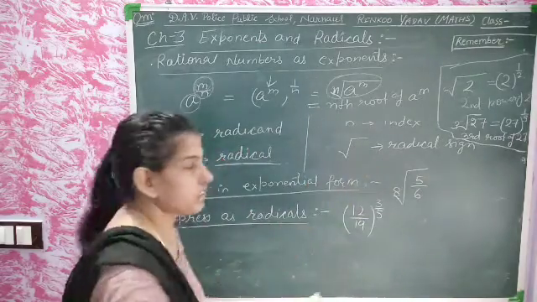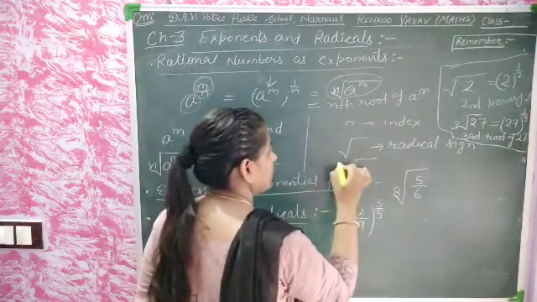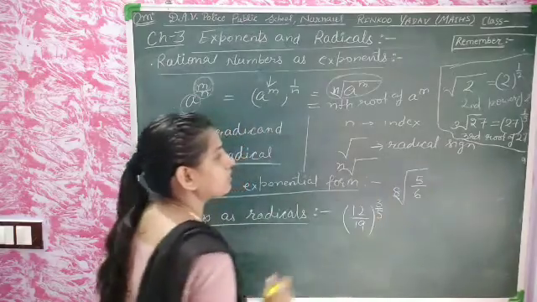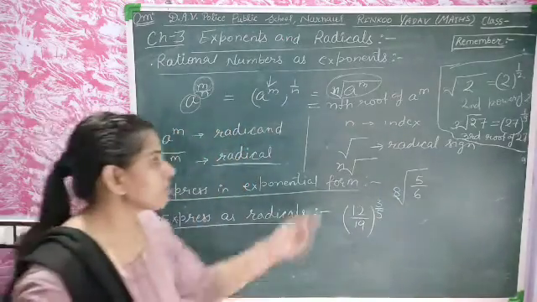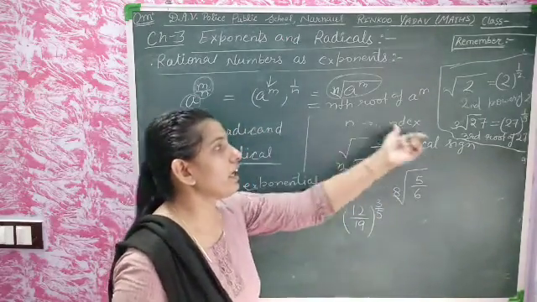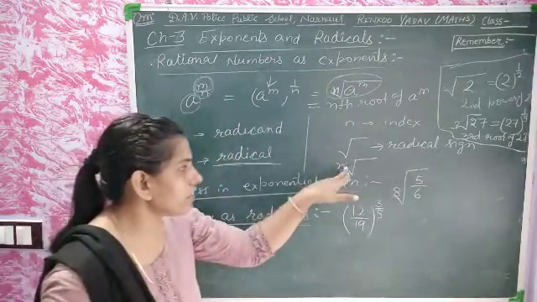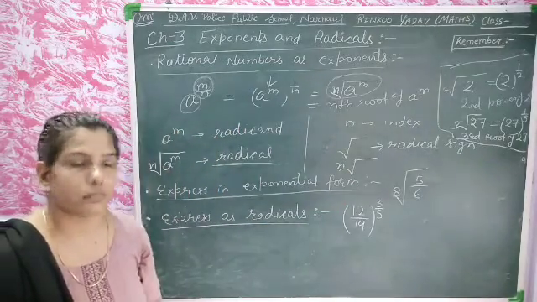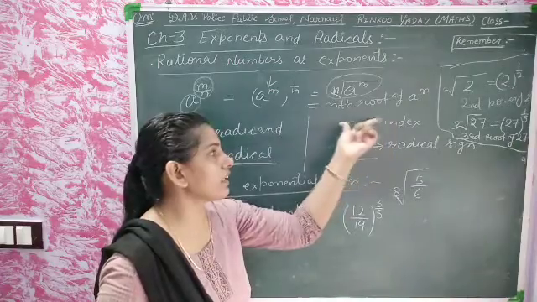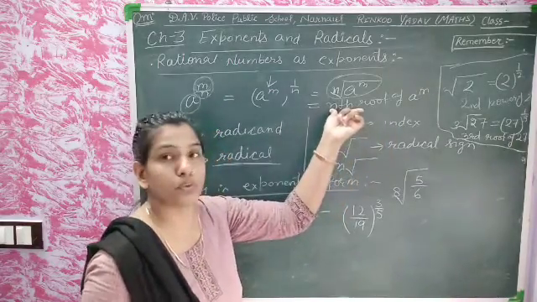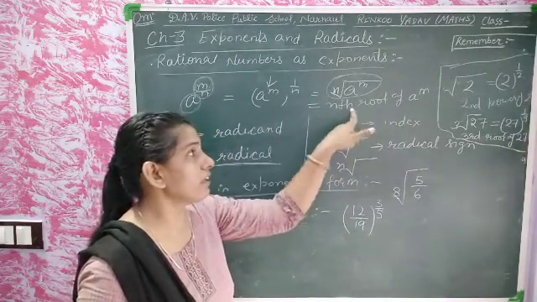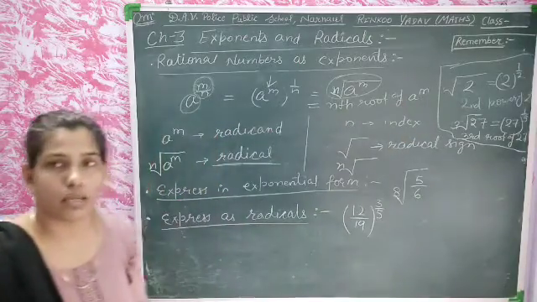It's the nth root, the nth radical sign. This is the second radical sign, and n is the index here. This n is called the index. The index of this radical sign represents the root of that power, the nth root of a to the power m.